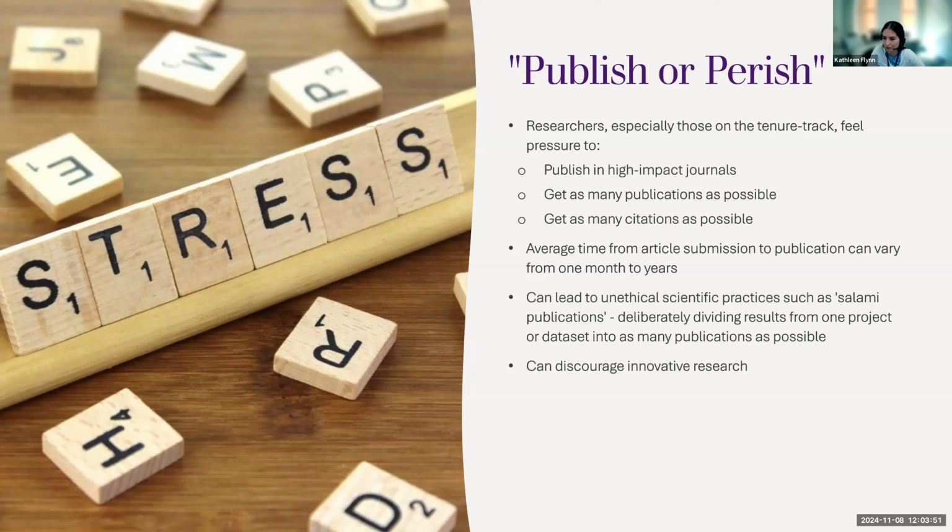So this can lead to some unethical scientific practices such as data manipulation or plagiarism or salami publications where an author deliberately divides the results from one project or a data set into as many publications as possible because they feel like they need to. And it can also discourage innovative research because you might feel like you need to just get something published quickly that will be trendy and get read and cited quickly.